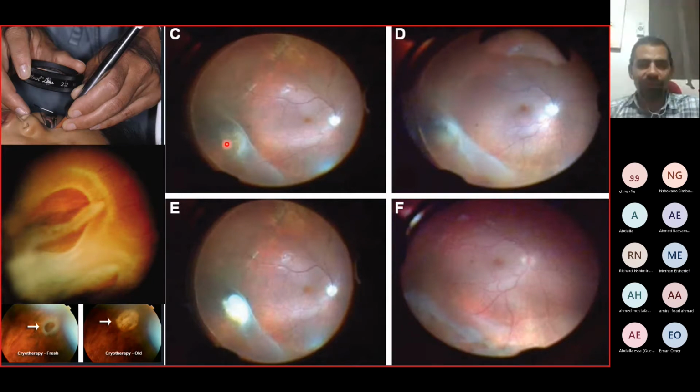You indent with the cryo till reaching the area of the break, and then you start to apply the cryotherapy. This is how it looks when it starts to form. And then when you are happy that there is a good size ice ball that is covering the break, you stop applying the cryotherapy, and it will thaw away like that and will start to heal to end up with something like this. Okay?